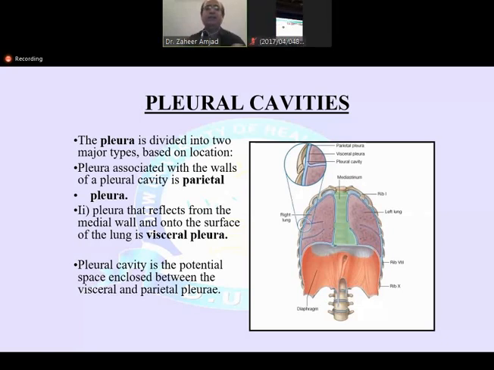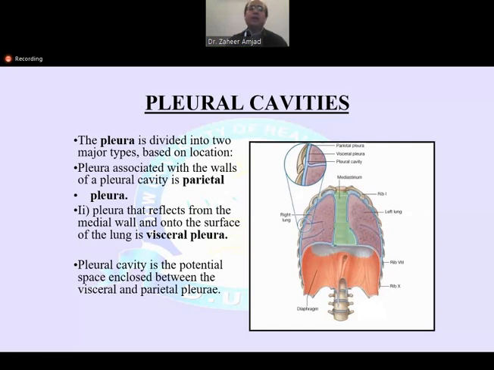Hilum lies on the medial aspect of the lungs, which you can see in the diagram. There are two lines running on the medial aspect, and in the center, these lines are reflected onto each other. So this is the only part of the lung, the hilum, where the visceral pleura is not present. Otherwise, all the parts of the lung, including the fissures as well, are covered by the visceral pleura.